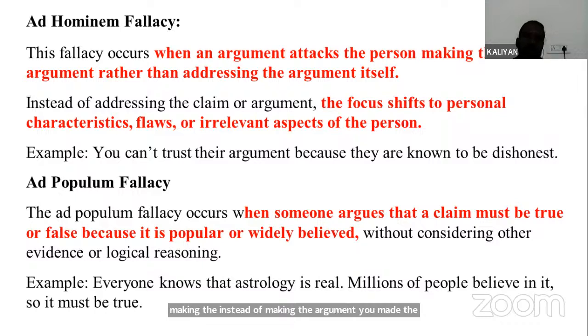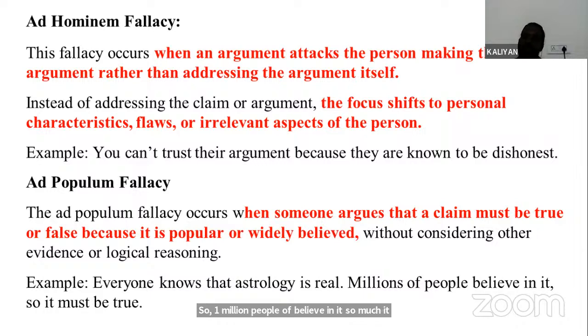And next is the ad populum fallacy. When someone argues that a claim must be true or false because it's popular or widely believed, without evidence or logical reasoning. Example: everyone knows astrology is real, millions of people believe in it, so it must be true.